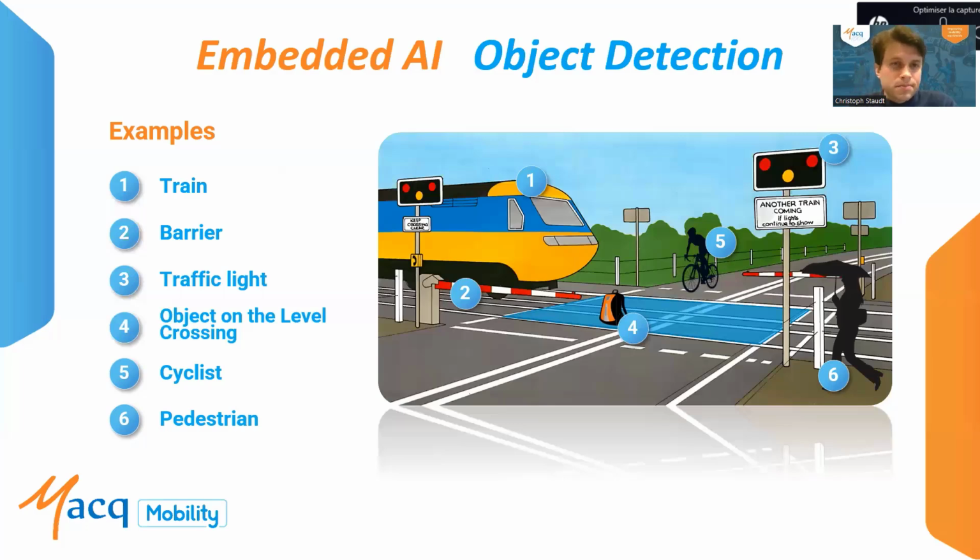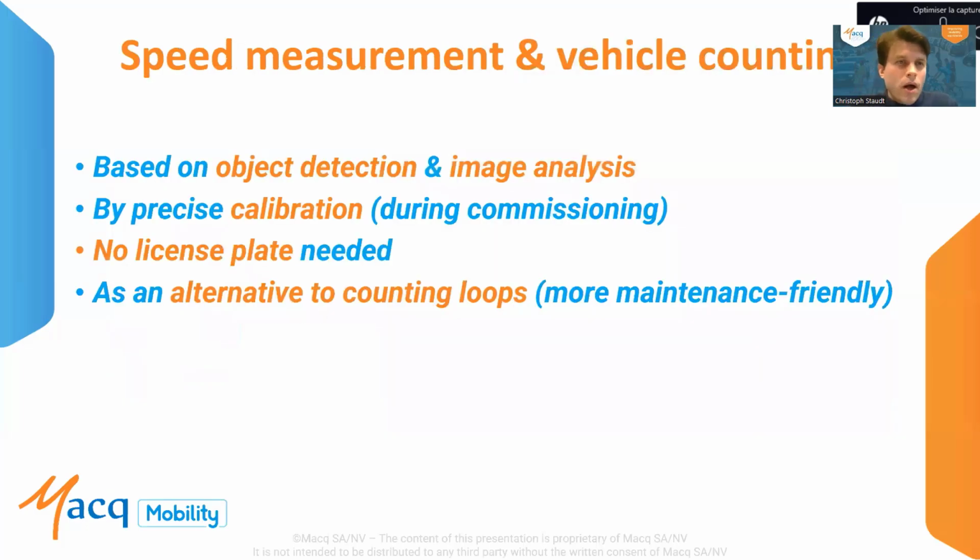I already mentioned that we are able to measure the speed based on the image analysis, which is also quite interesting. And of course, we can also propose and offer an alternative to counting loops, because our camera is based, as you understood, on object detection and on image analysis, of course, thanks to our AI.